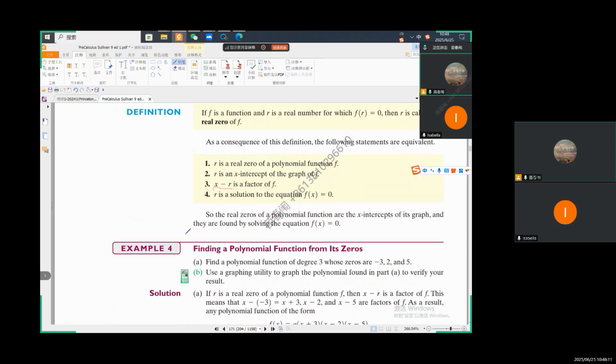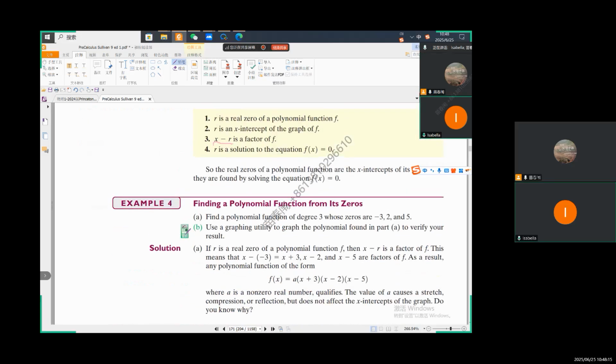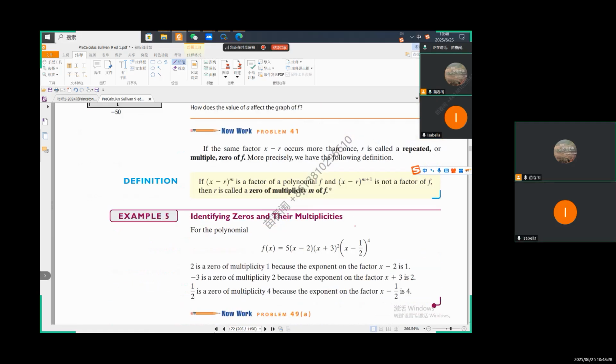If it needs to be defined later, whatever. Can you just define zero of multiplicity in a simpler way?